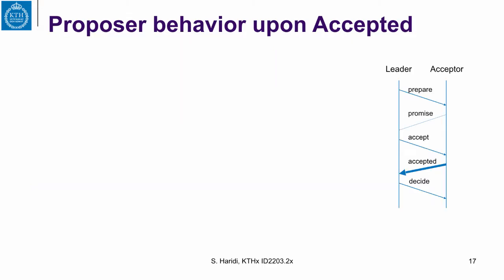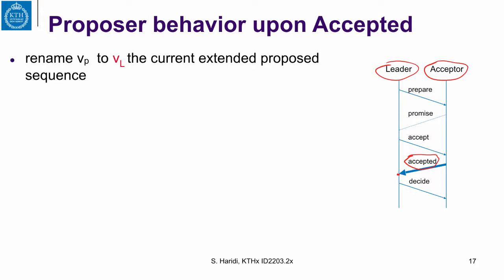So we can see this here. We have the leader, we have the acceptor, and we are looking at the accepted messages coming from the acceptors to the leader. From now on, just to make things conformant, we rename the sequence at the proposer to be VL, to denote that the sequence at the proposer is the sequence at the leader.